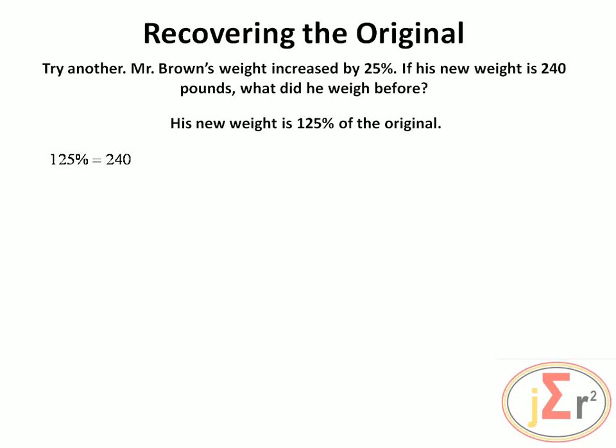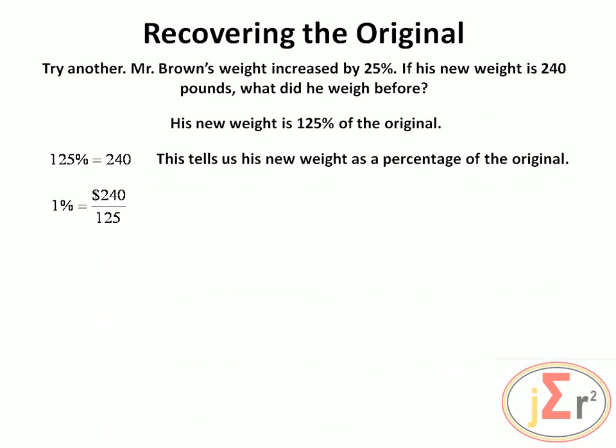So now we need to find what is 1%. This tells us his new weight as a percentage of the original. So we need 1%. What is 1%? We divide the 240 by 125. Find an expression for 1% as usual.